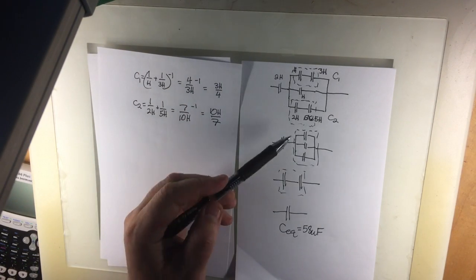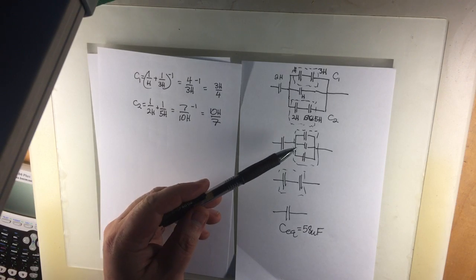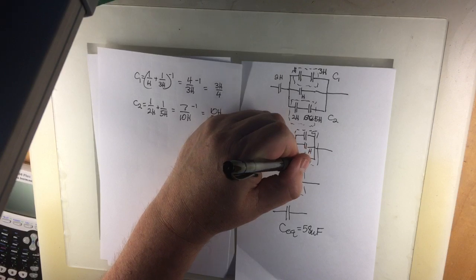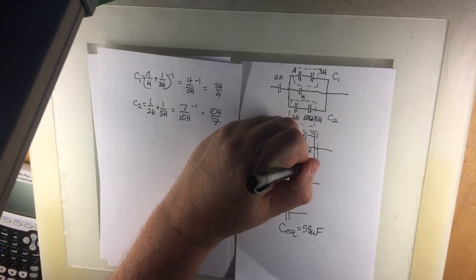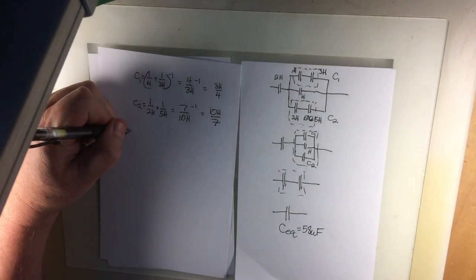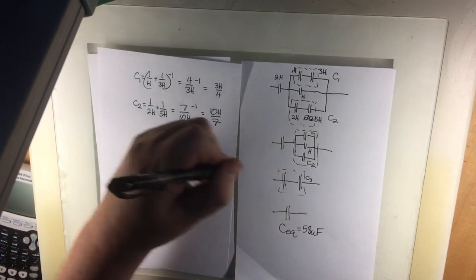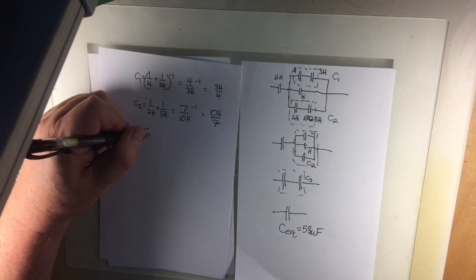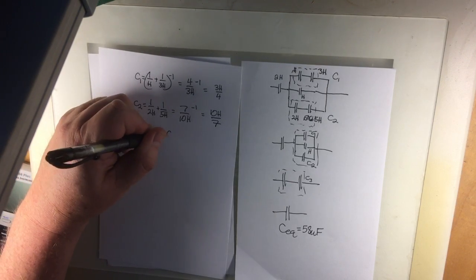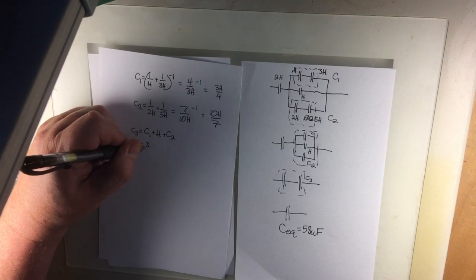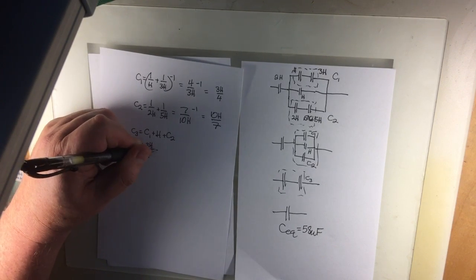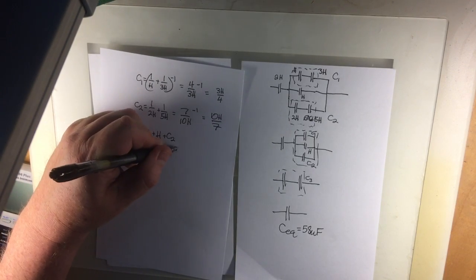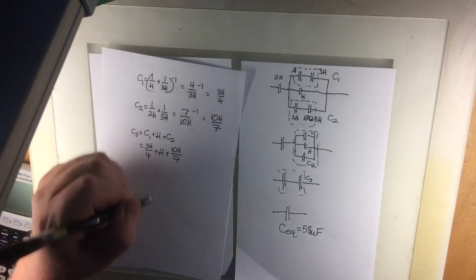So now we have three capacitors, C1, an H, and a C2. This makes C3 equal to C1 plus H plus C2, which is 3H over 4 plus H plus 10H over 7.